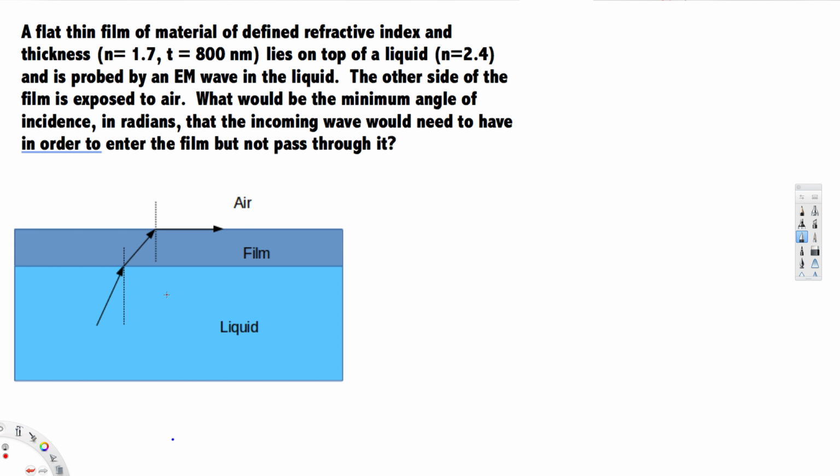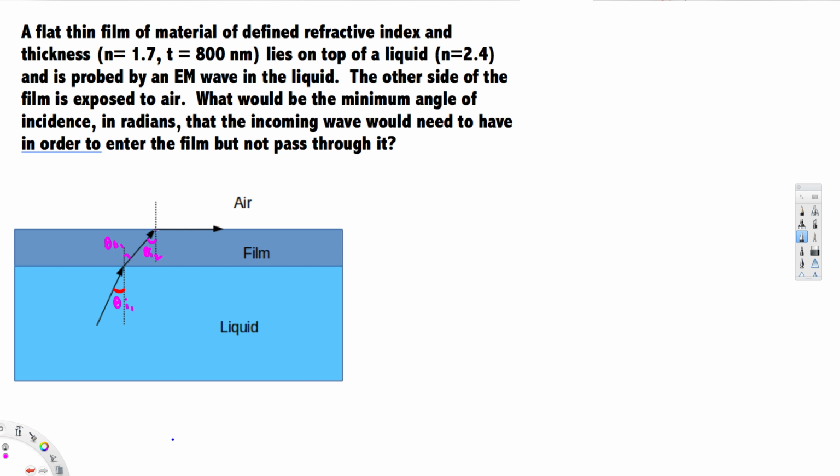Okay, here is the diagram for this question. Here you can see this is our entering angle, the incident angle. The question is asking you to find this angle right here. Let's call this one theta I1, and here we have the transmitted angle theta T1, and then here we have incident angle 2, and this is going to be the critical angle, because the minimum angle in order to prevent escape is the critical angle.